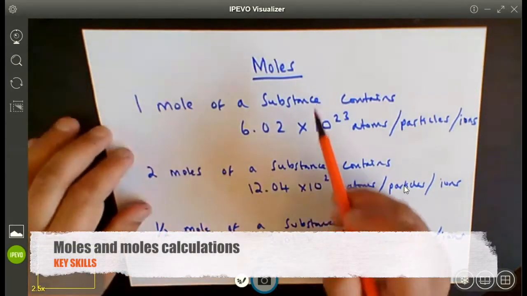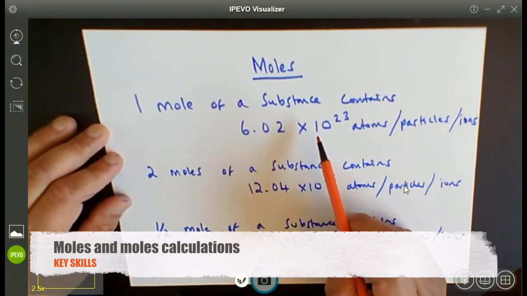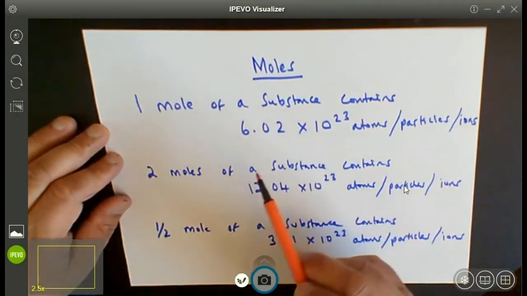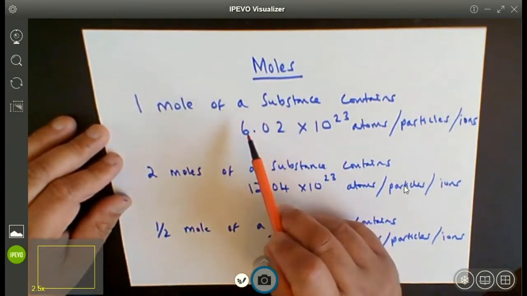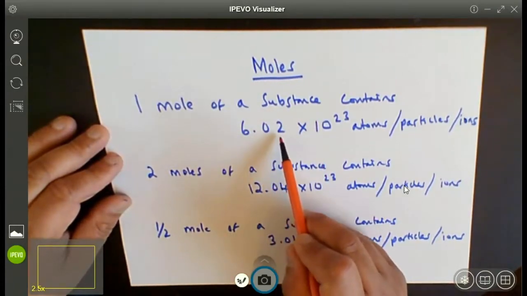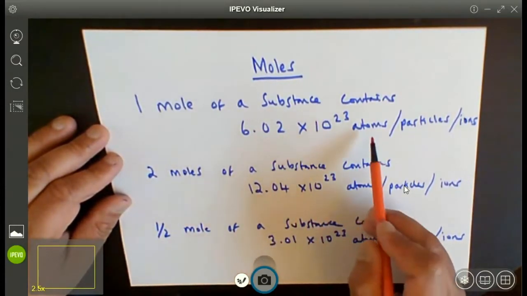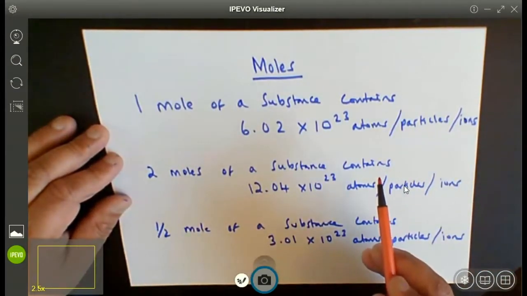We're looking at moles, and what you have to remember here with moles is that if we say we have 1 mole of a substance, and it could be 1 mole of any substance, that would contain 6.02 times 10 to the 23 atoms, particles, ions, or any other chemical entity.